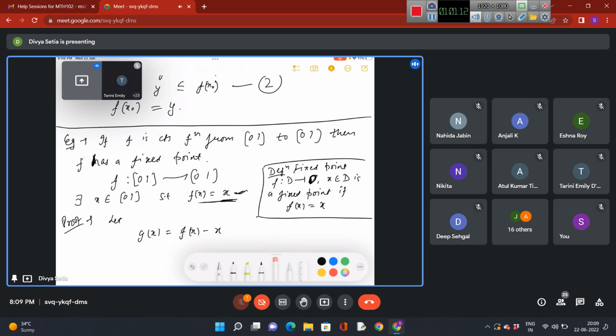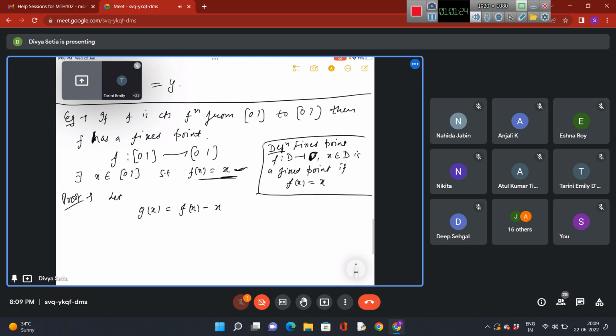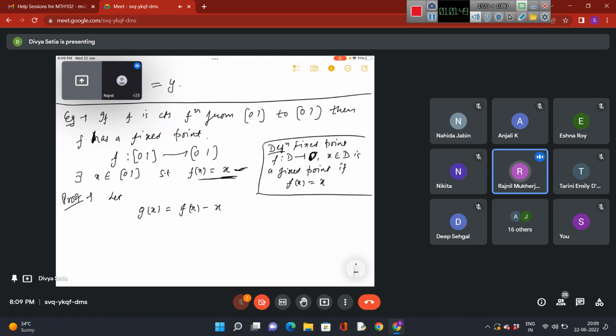Let's forget about domain and range, but at least the domain will be a closed and bounded interval. After this, we can say that there is some x for which g of x is equal to 0.